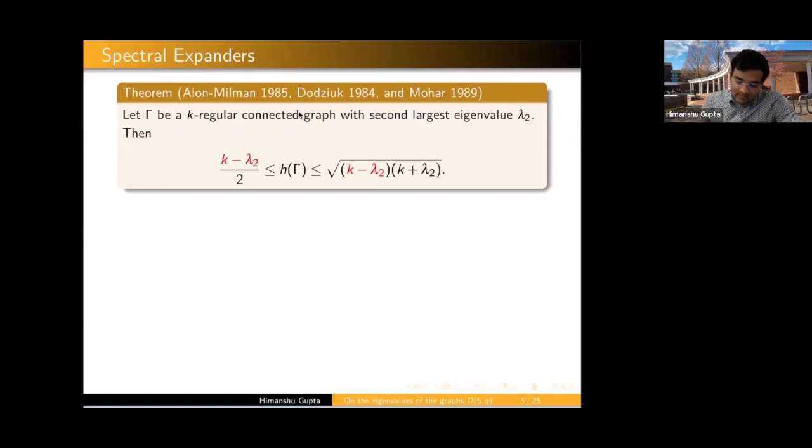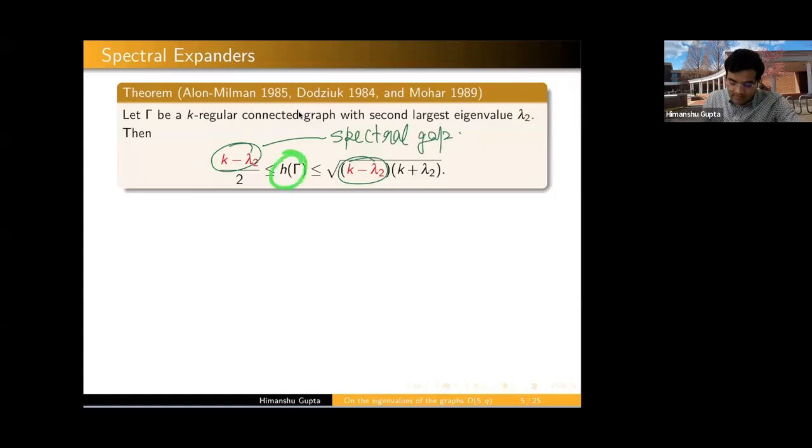And due to a result by Alon, Milman, Dodziuk, and Mohar, we know that the isoperimetric constant is bounded from the top and the bottom in terms of the eigenvalues of the graph. It says that if Γ is a k-regular connected graph with second largest eigenvalue λ2, then h(Γ) is lower bounded by (k − λ2)/2 and upper bounded by this square root expression. Okay, so this k − λ2 we refer to as the spectral gap.